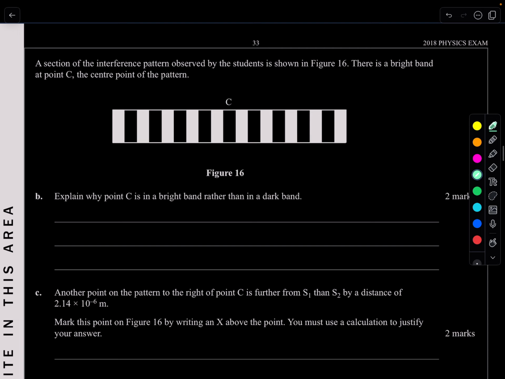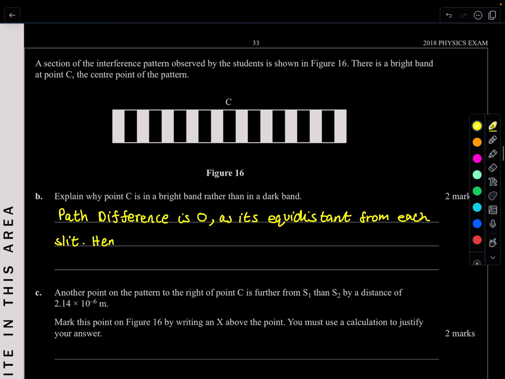So let's write that. So we can say the path difference is 0 as it's equidistant from each slit.